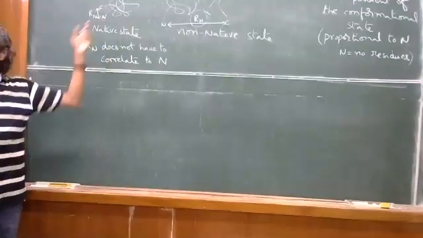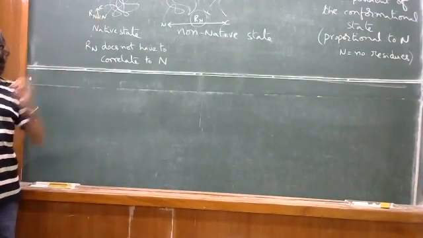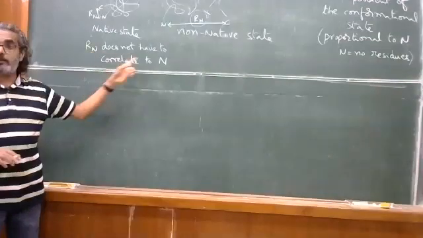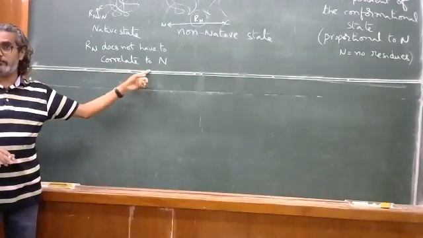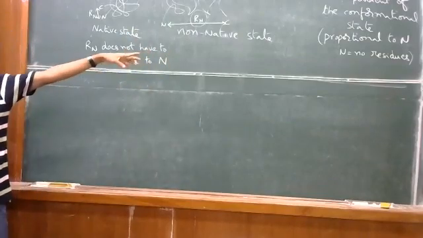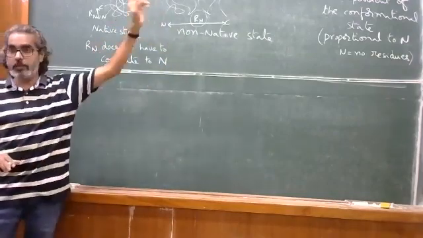Or you can have a small protein, or simply take just an alpha helix, which is very small, but the N to C distance is very large. In that sense, R_n doesn't have to correlate with n, but contour length has to be proportional to n, because we are calculating along the backbone.